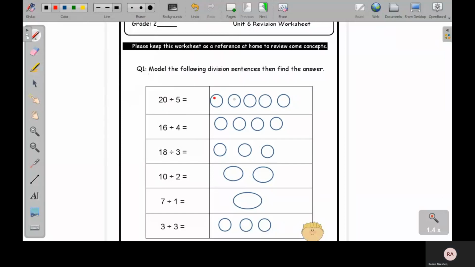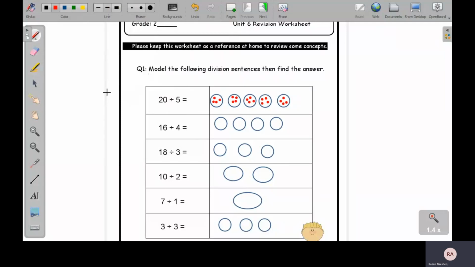I'll do 1, 2, 3, 4, 5, 6, 7, 8, 9, 10, 11, 12, 13, 14, 15, 16, 17, 18, 19, and 20. Now, I stop here because I know that I have finished the number of objects that I have, which are 20, and I can see that they equally fit in all the groups.